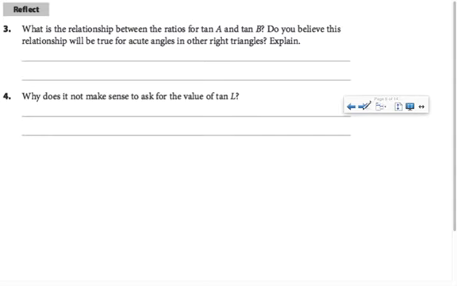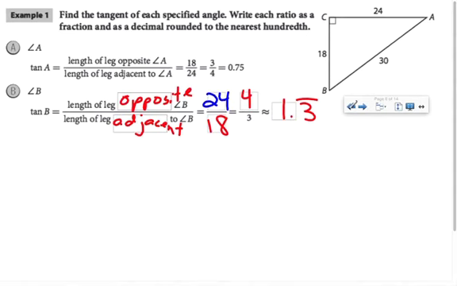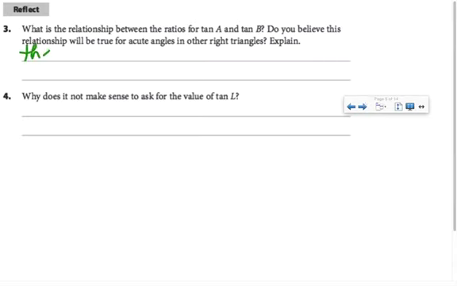So what is the relationship between the ratios for tangent A and tangent B? Notice here, they're reciprocals of each other. Oh goodness, I can't spell. Reciprocals of each other.